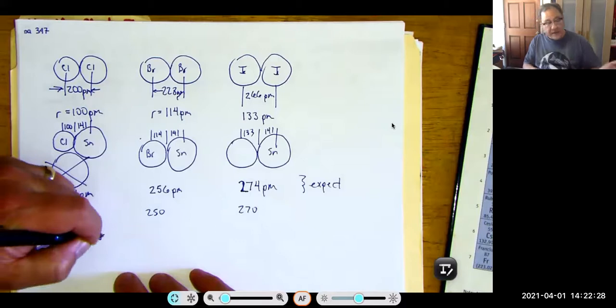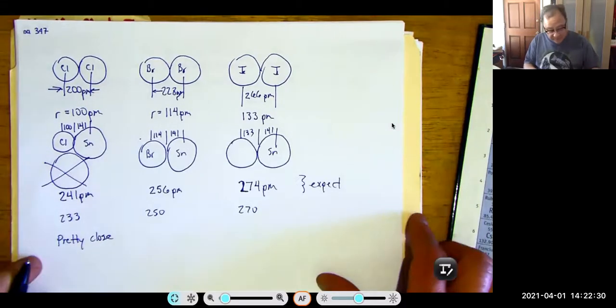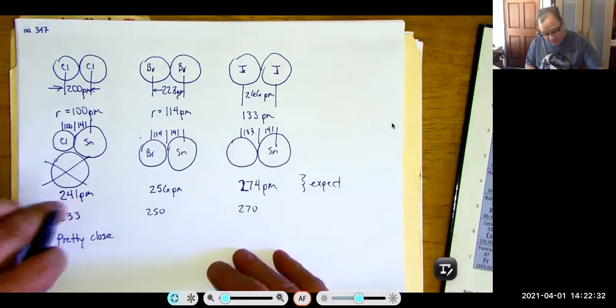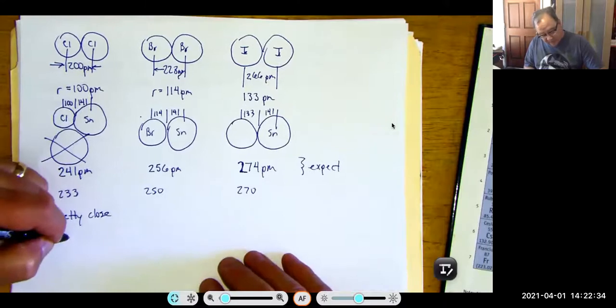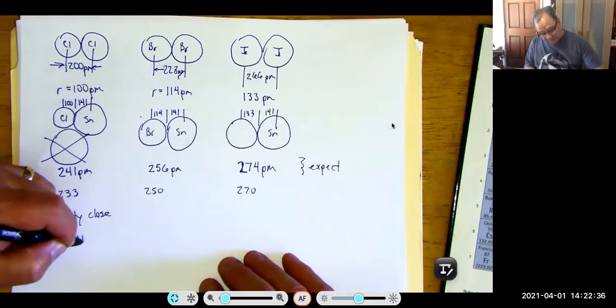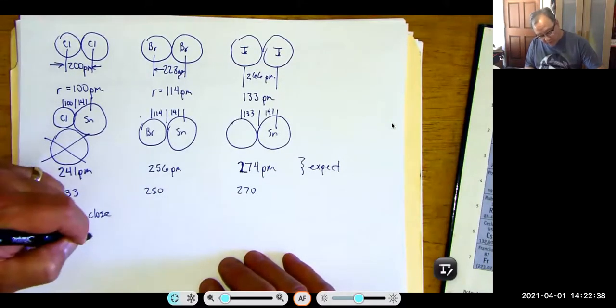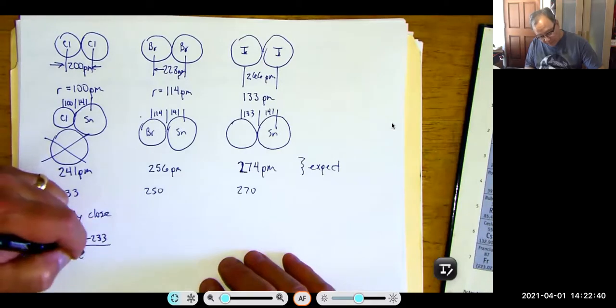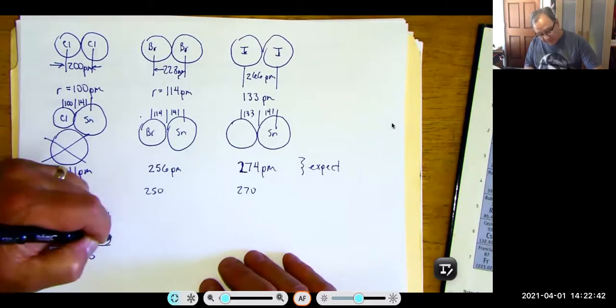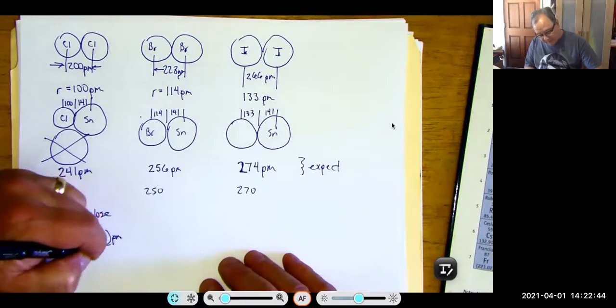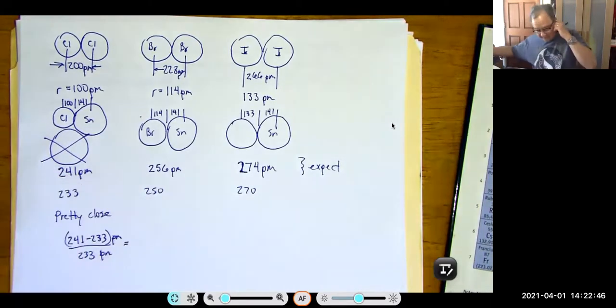I mean, we could even calculate a percent error, right? What is the percent error for this one? Well, it's going to be the difference, 241 minus 233 over 233 picometers, times 100%.